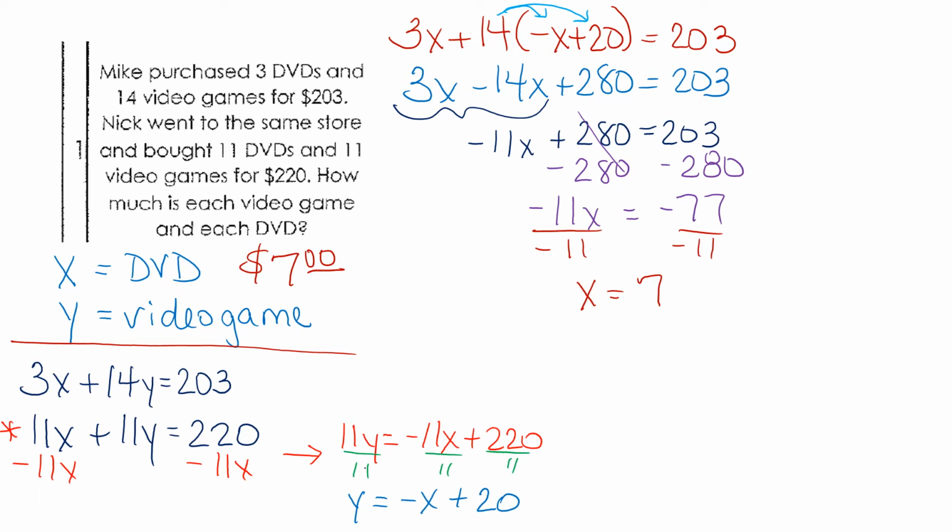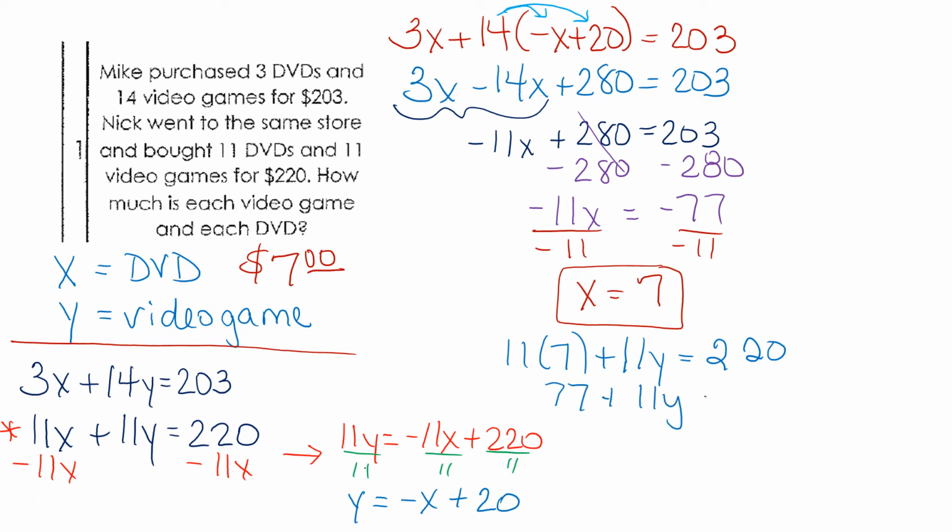So I'm going to take my X equals 7 and substitute it into one of my problems. I substituted into the problem that had all the 11s in it. So I did 11 times 7 plus 11Y equals 220. 11 times 7 is 77, plus 11Y equals 220.